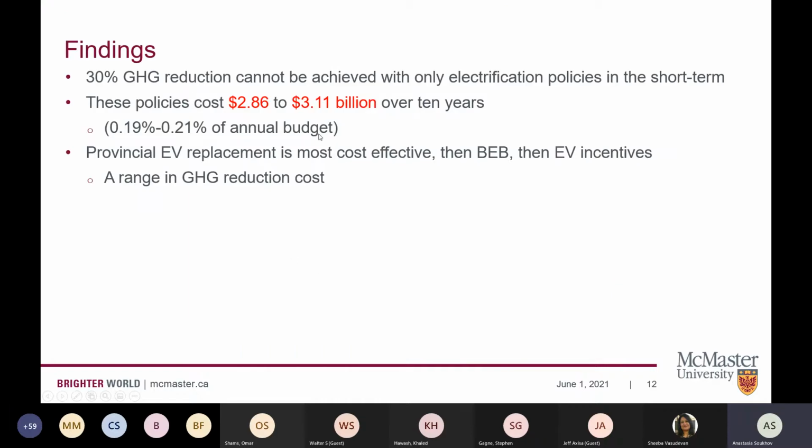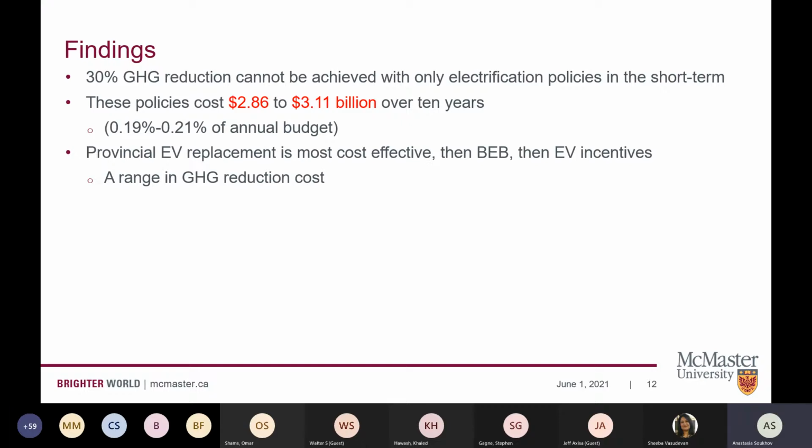So all in all, over the 10-year period, these policies would cost $3.1 to $3.8 billion. But for reference, that is only 0.1 to 0.2% of the annual programs budget for the province. So while it's a huge number, if you break it down per year and make it relative to the provincial budget, it's not that much.